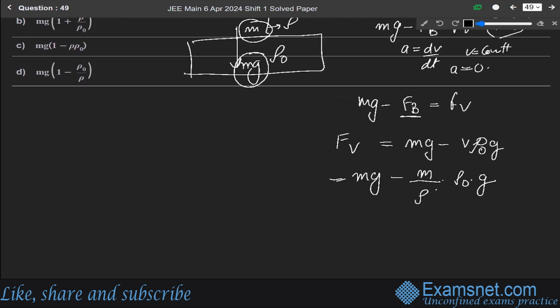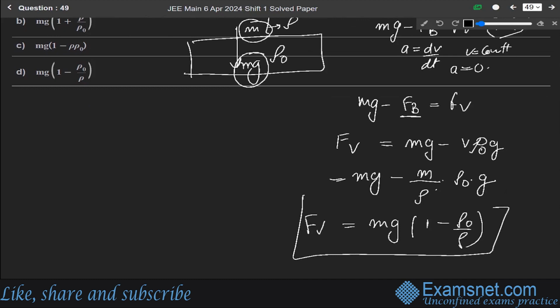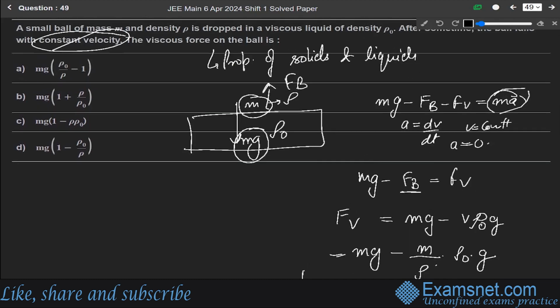Simplifying it, taking mg common, we get 1 minus rho naught over rho. So the viscous force will be mg(1 minus rho naught over rho). Means option D, mg(1 minus rho naught over rho), is the correct answer.